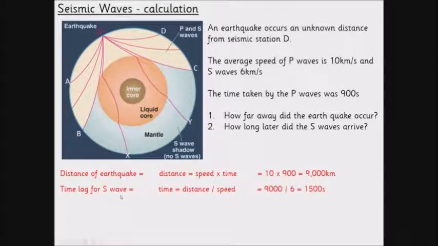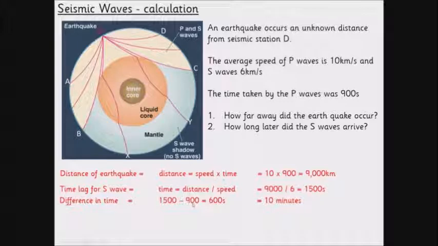Well, the time lag for an S wave: we work out the time it's going to take for the S wave. We've just calculated the distance, 9,000, divided by the speed, 6 kilometers per second, gives us a time of 1,500 seconds. But this isn't the answer, remember, because the difference in time is going to be 1,500 minus the time for the P waves, which was 900, given in the question.